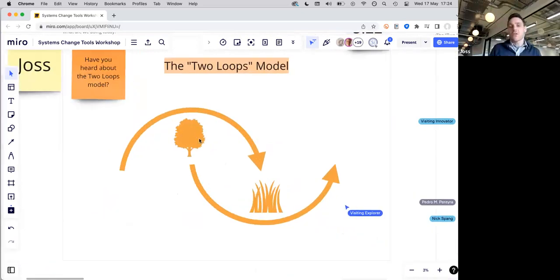And the core of this is the idea that in any complex change process, you have this simultaneous or parallel aspect of growth and decay: an old system is dying and falling to pieces, and a new one is growing and emerging.